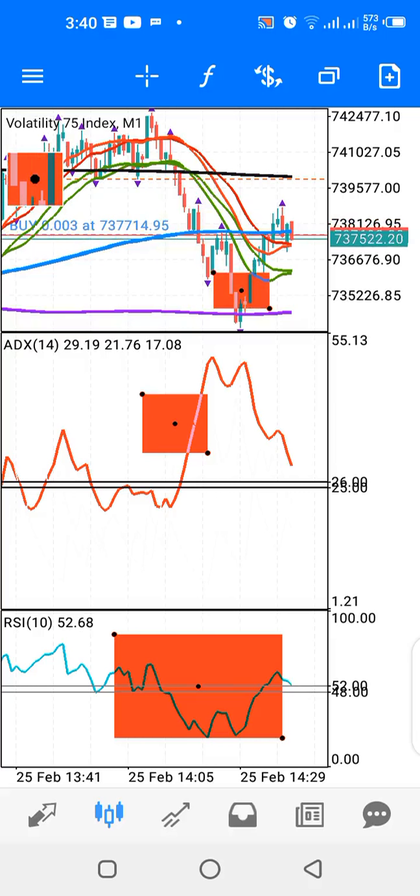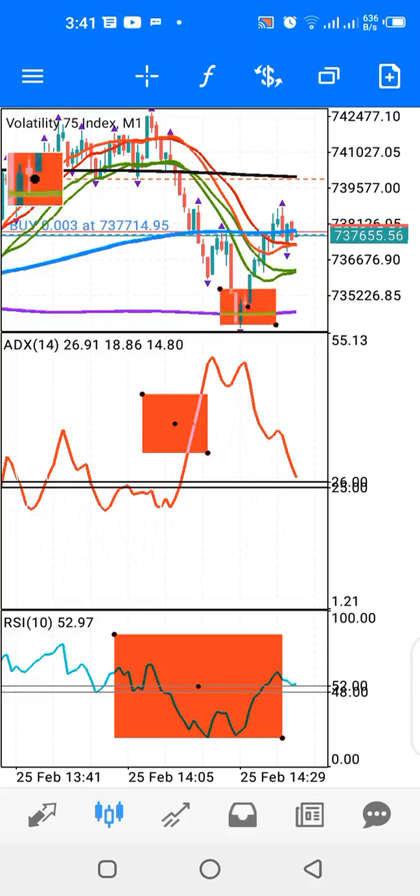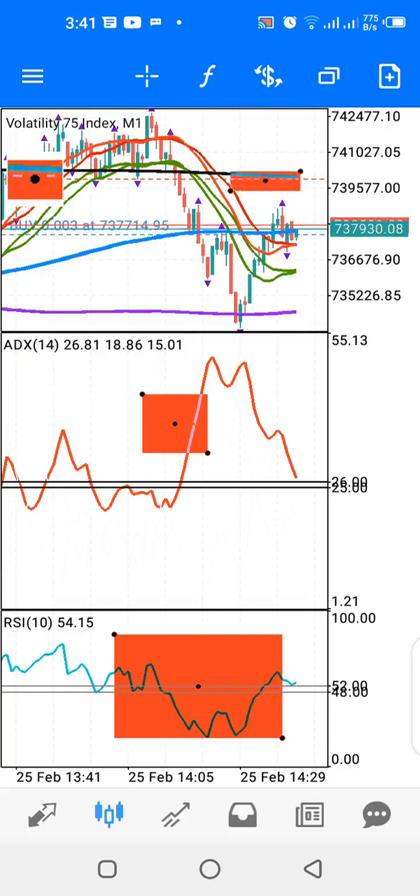Price came down. But the 850, the 200 and the 350 will serve as your resistance and support levels. I repeat, the 850 is black, the 200 is blue, and the purple will serve as resistance and support.